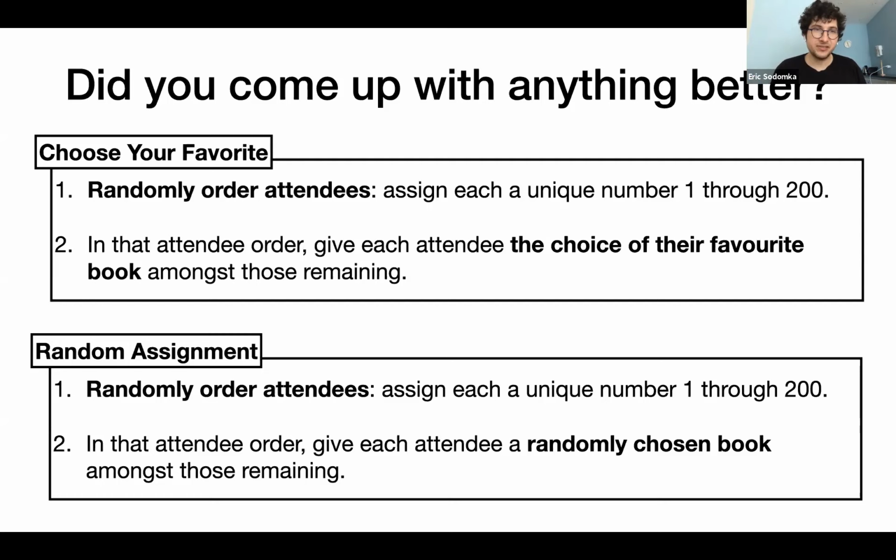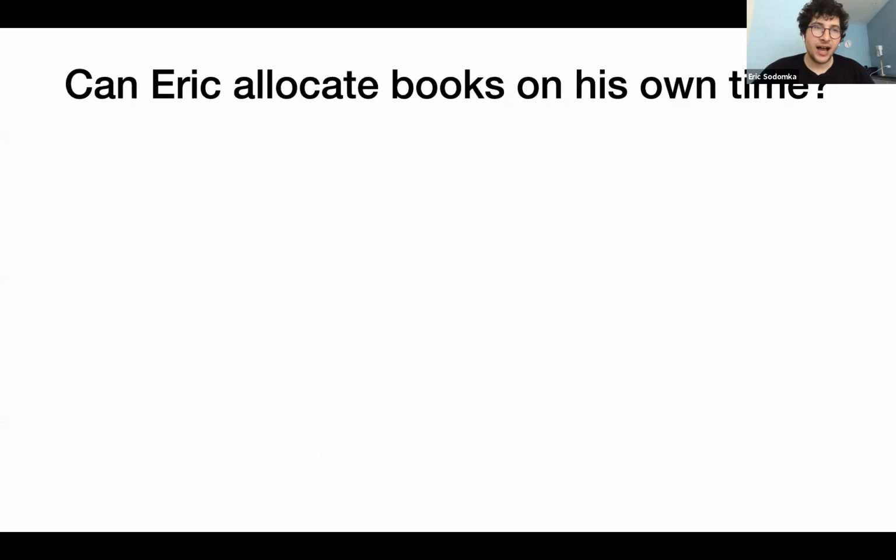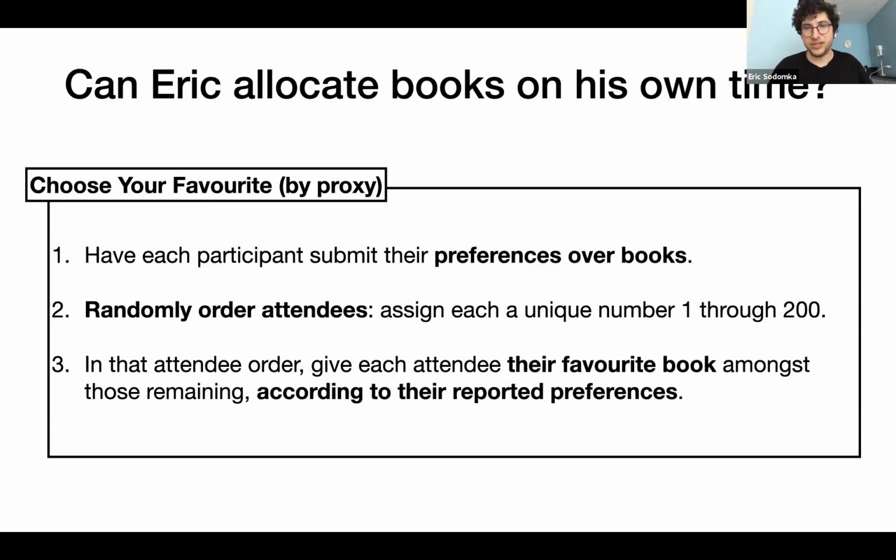Okay, so now we have these two different ideas. And actually, this is closer to what Alessandro said. The question is, maybe this is time consuming if everybody has to line up. So one way we could do this by proxy, and this is really what Alessandro was saying, is to have everybody submit their preferences over books. Give me the list of what's your favorite book, what's your second favorite book, and so on.